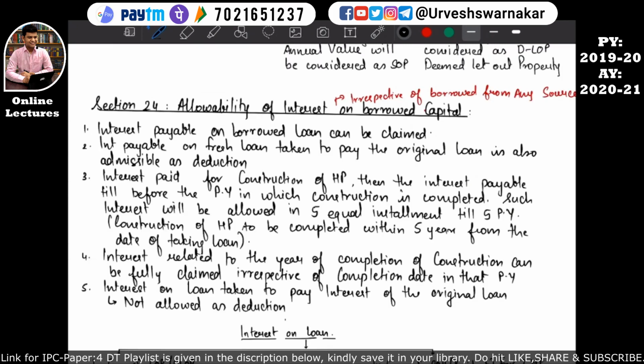2019-20. The interest payable till before the previous year in which construction is completed will be allowed in 5 equal installments, and the construction of the house property must be completed within 5 years from the date of taking the loan. So if an assessee has taken a loan to construct a house property, it should be constructed within a time frame of 5 years, max. I hope this is quite clear. That is what the bracket was saying: construction of the house property to be completed within 5 years from the date of taking the loan.